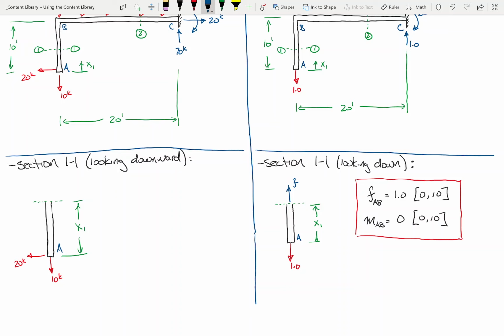Okay. So would everybody agree I'm going to have a capital F? Okay. What is capital F? 10 kips. That's valid from 0 to 10. Okay. Everybody with me on that? Now watch this.